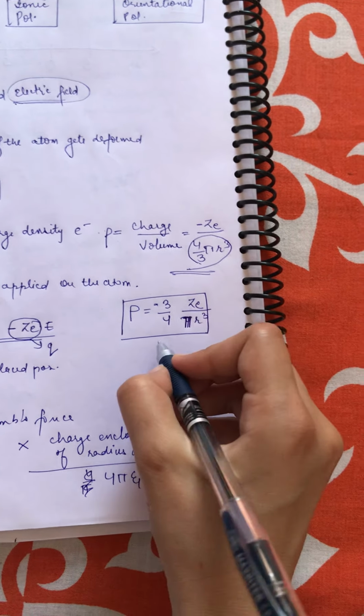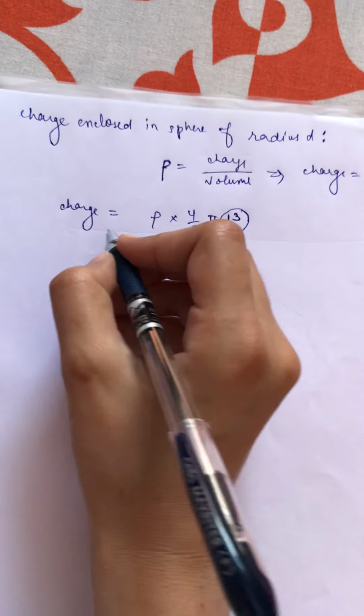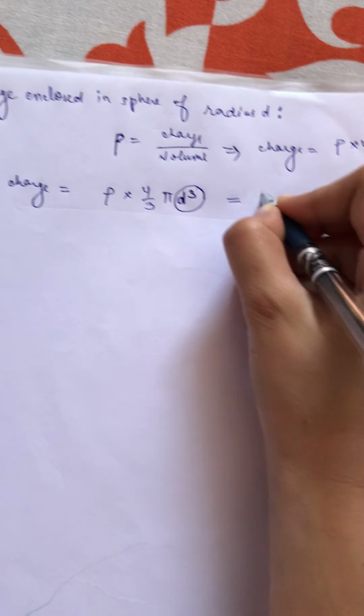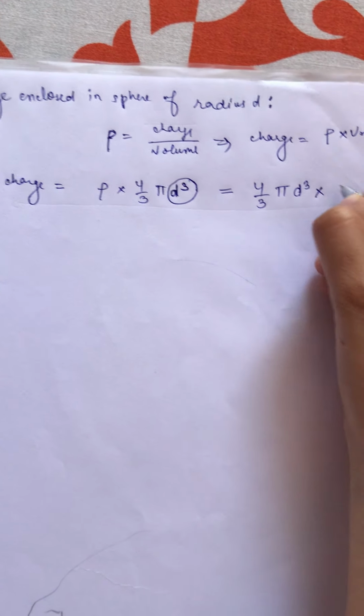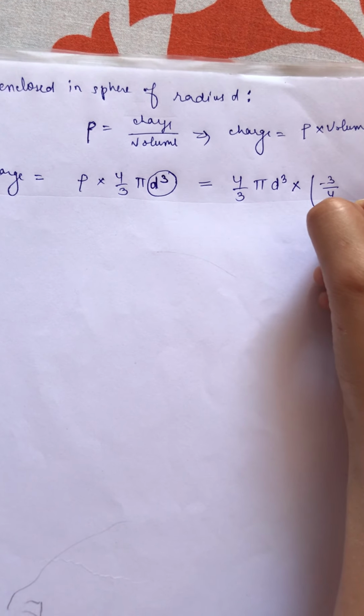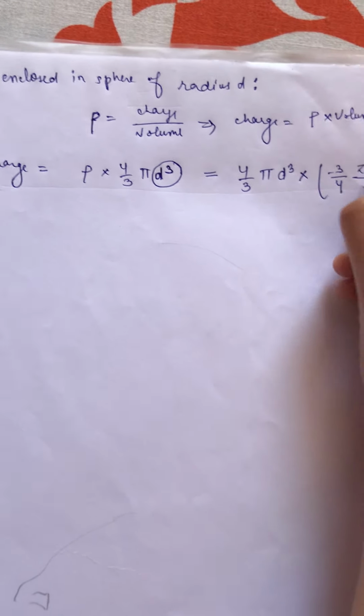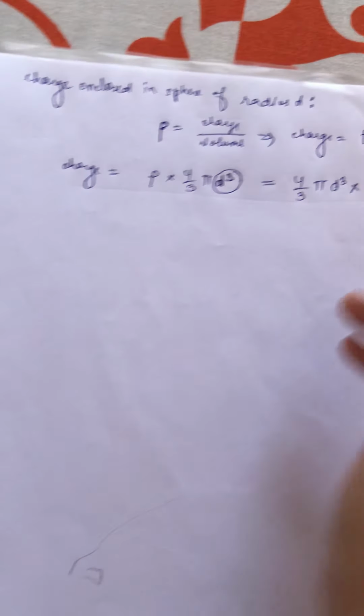So we will put this value in this equation. So our charge will be 4/3 pi d cube into minus 3 upon 4 Ze upon pi r cube.